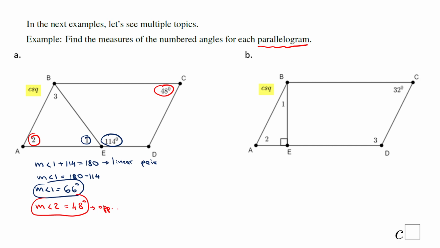We did that just a problem before. And now this is 48, right? If you remember, this angle 1 was 66. How can we find angle 3? Okay, so now we're looking in this triangle ABE.